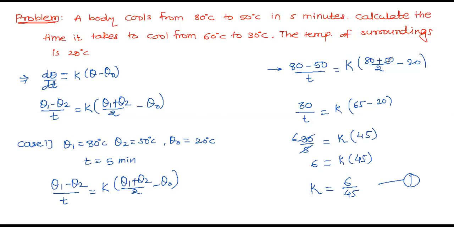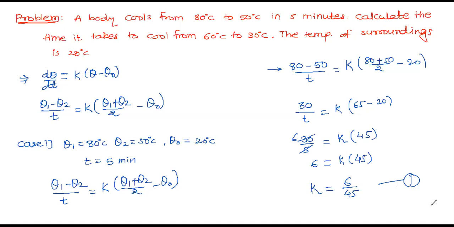Yes. 130 by 2, 65 minus 20, 45, right? You are getting 6 by 45. Everything is right? Okay, let's move ahead.